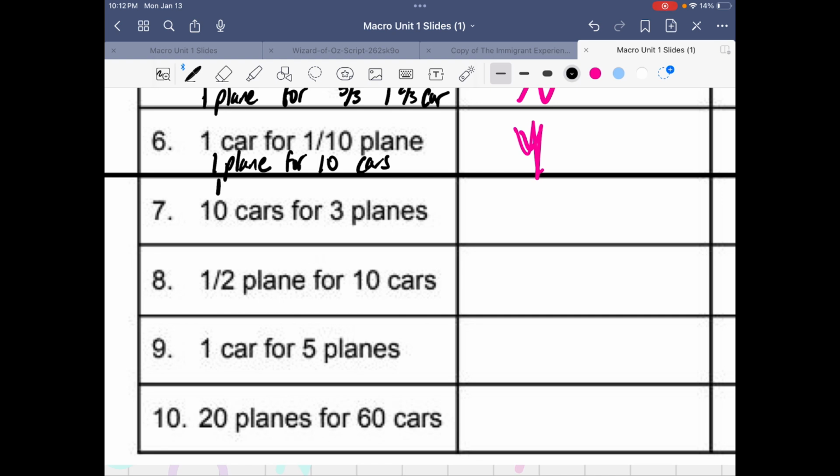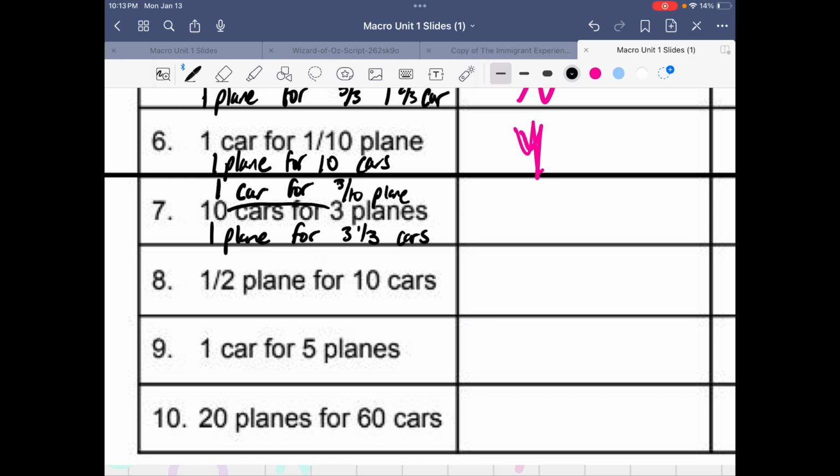If I want to find 1 car for how many, or 1 plane for how many, I would just do the other goes over. 3 over 10 would be 3/10. 10 over 3 would be 3 1/3. This would be 1 car for planes. This would be for cars. Okay, so that's how to make it easier.